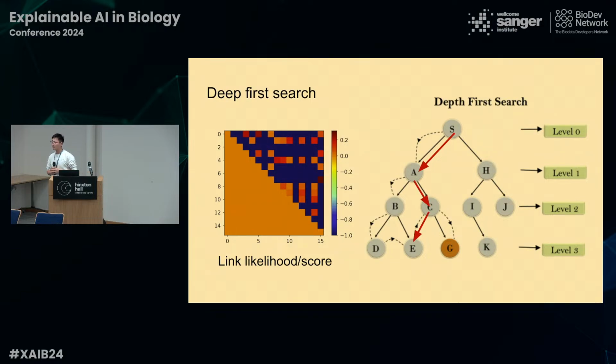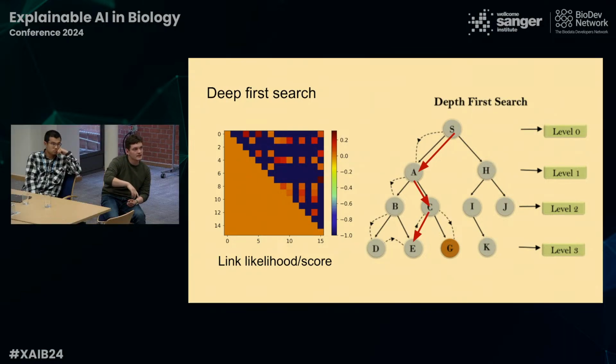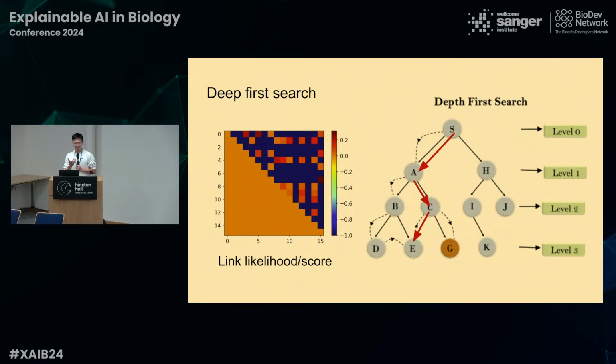Just wondering, does it matter where you start in the search, or will you always end up with the same results no matter where you start? Thank you, very good question. Actually, I have already modified the depth-first search so that I can search from the head and also from the end.